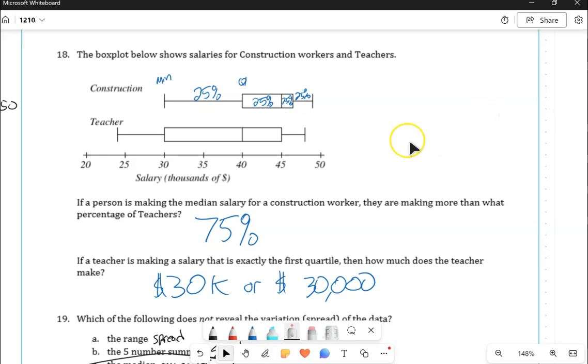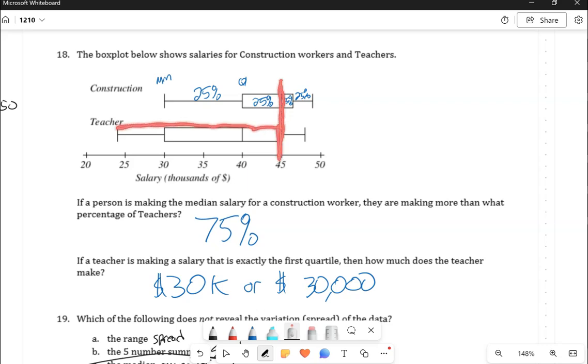When you're comparing two different box plots, the median, I can see that the median construction worker makes more than the median teacher. In fact, the median teacher only makes more than 25% of the construction workers, whereas the median construction worker makes more than 75% of the teachers.